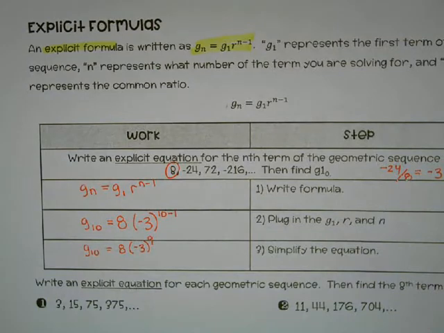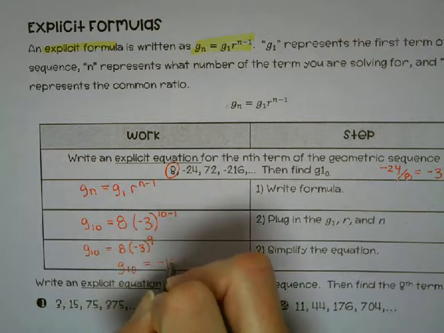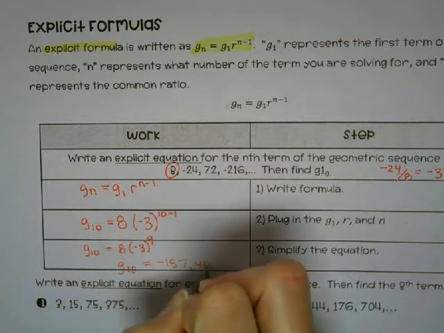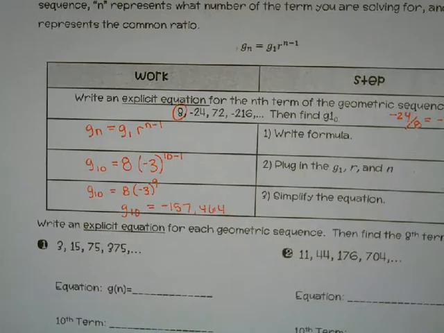Okay, so let's see. 8 times -3 to the 9th power equals -157,464.